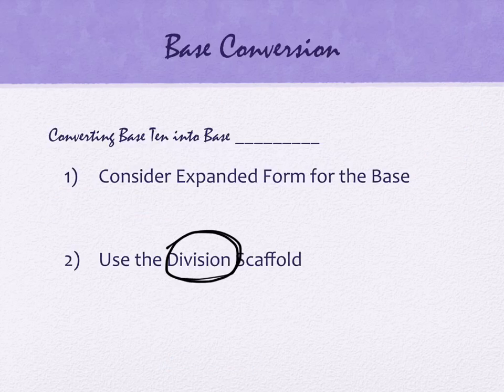And when you go from base 10 into some other base, it's always division, the division scaffolding. Every time I give the test, I always have at least 1 or 2 people that do it backwards. They didn't keep straight which way was which, okay? All right, any questions? All right.